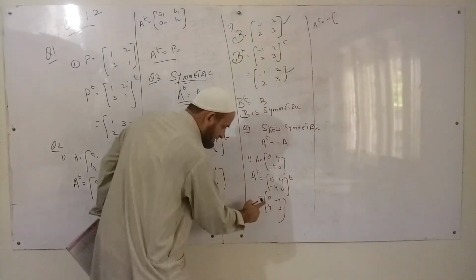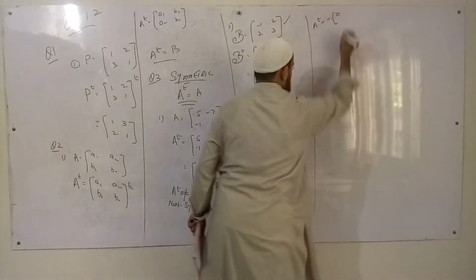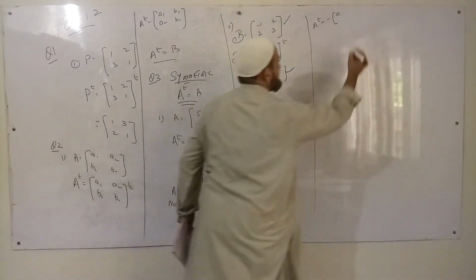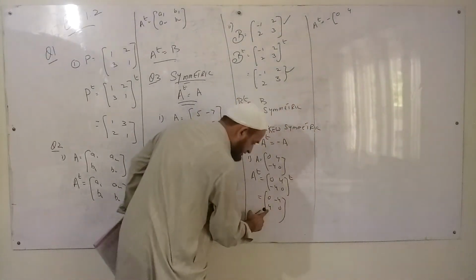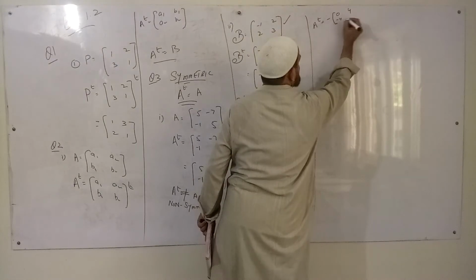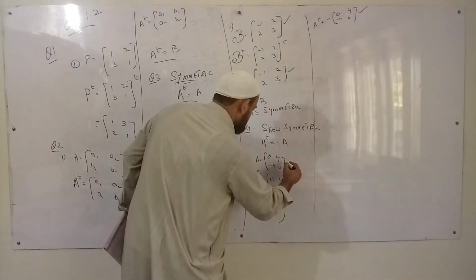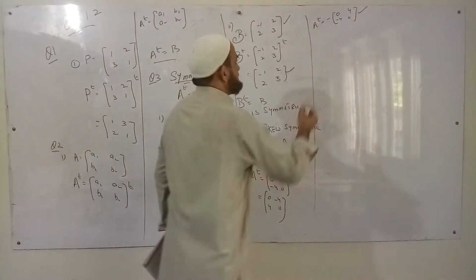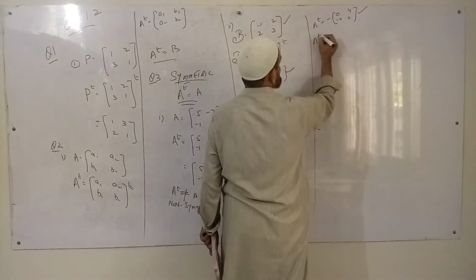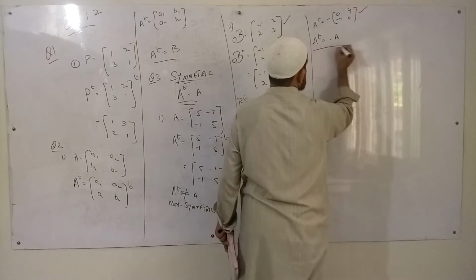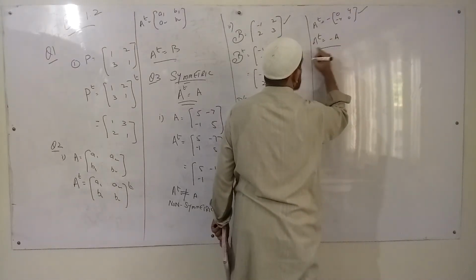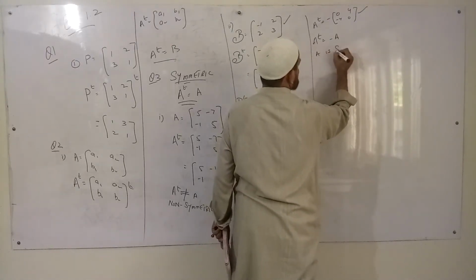When we take a minus common, 0, this minus 4 changes to plus 4, this plus 4 changes to minus 4, and 0. Now this matrix and this matrix in the given question are the same. This means we get A transpose is equal to minus A. It is skew symmetric.